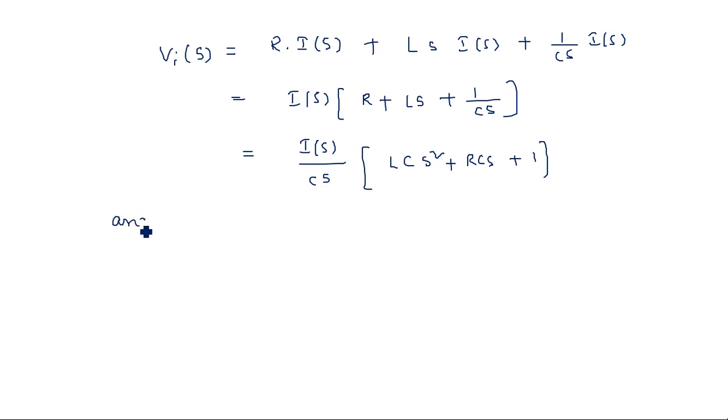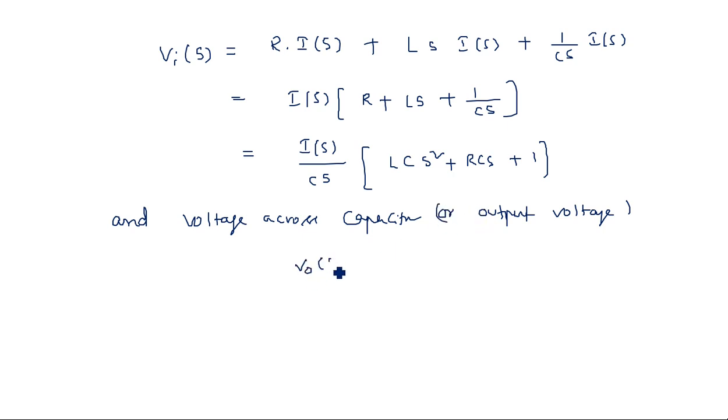The output voltage we are taking is the voltage across the capacitor. How to write the output voltage? Vo of s is equal to I of s into 1 by Cs.